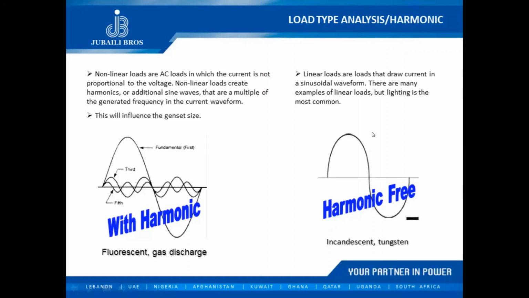In a nutshell, guys, when we have harmonic loads, we tend to increase the genset size to mitigate the effect of harmonics. As simple as that. We shouldn't really get into more details related to this, because typically you won't do manual sizing when it comes to harmonic loads.